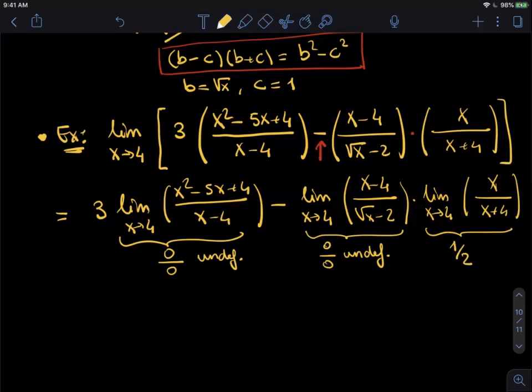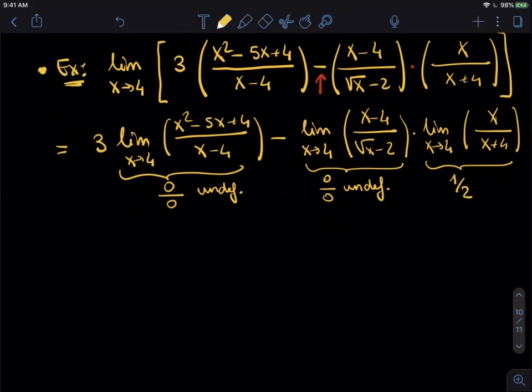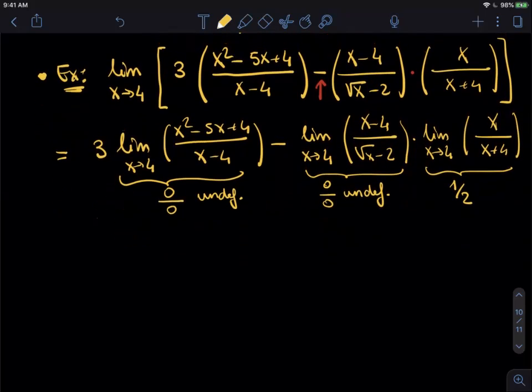Okay, so here what we would typically do, there are two ways to do this. One is you work out the two limits separately and then come back, or you carry everything through and just copy everything line to line.